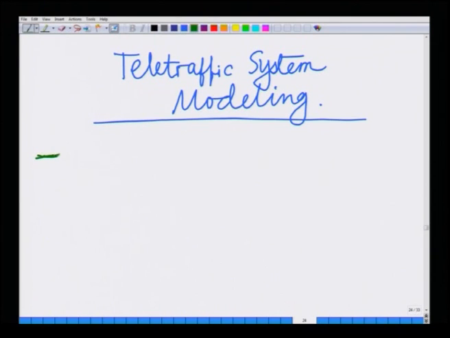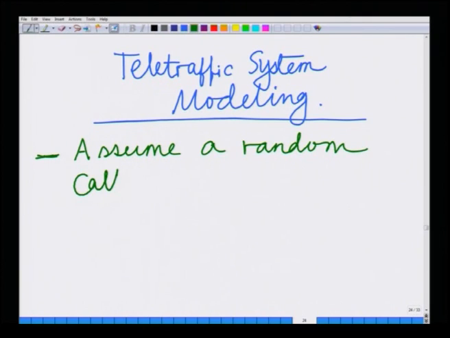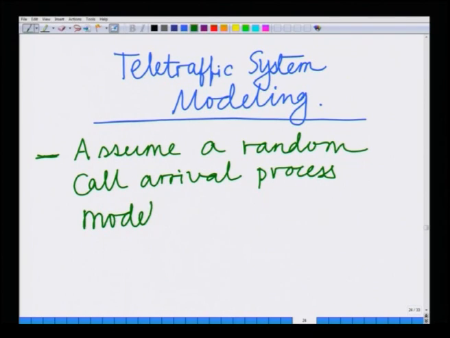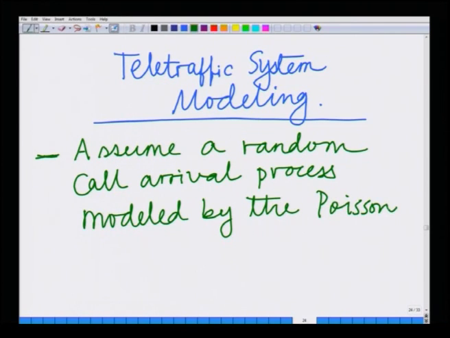So, we start with a fundamental assumption: assume a random call arrival process modeled by the Poisson distribution.